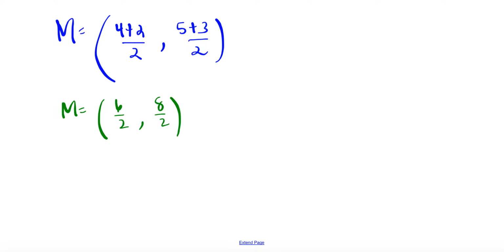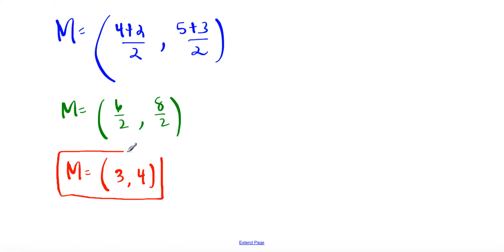We can simplify that a little bit more. Capital M equals 6 divided by 2 is 3. 8 divided by 2 is 4. So the midpoint between those 2 points is 3, 4. And remember, midpoint is just another point. It's the point in the middle, so we write it as an ordered pair.